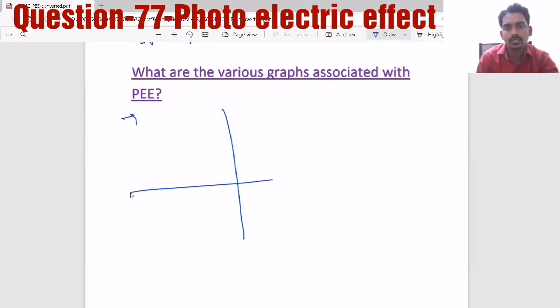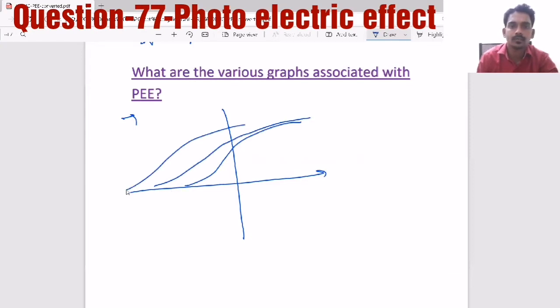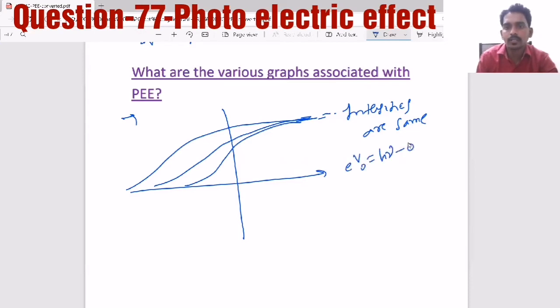Like if you consider, suppose this is one graph where all have the same saturation current, means intensities are the same. But here eV naught equal to h nu minus phi. So as V naught is different, nu is also different.